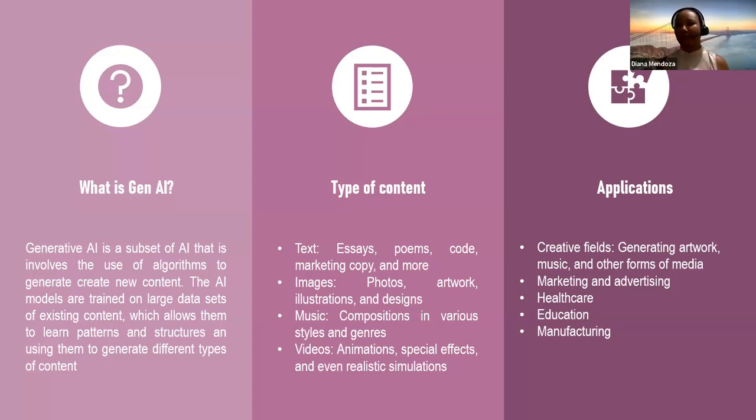Marketing, for example, is a field where Gen AI has a lot of impact, because you can not only create a copy, you can ask, help me create a copy for LinkedIn, for example, if you want to put something relevant for your career.